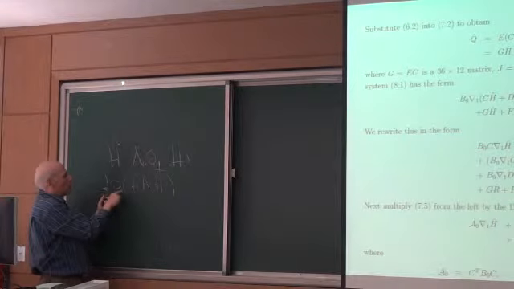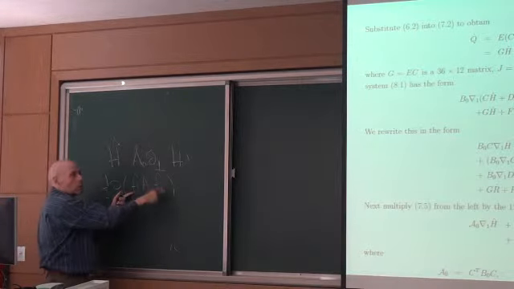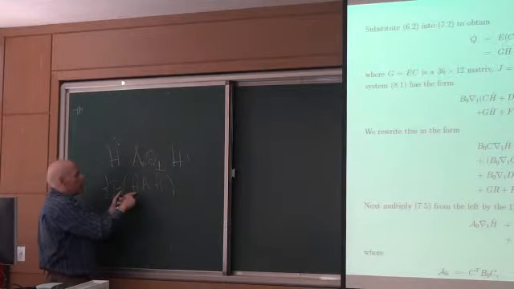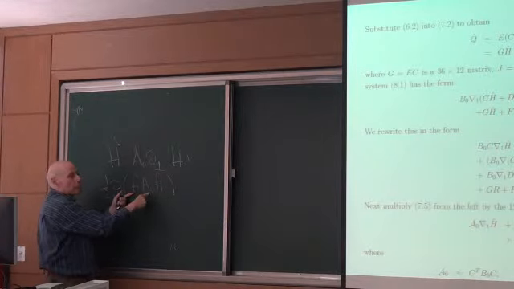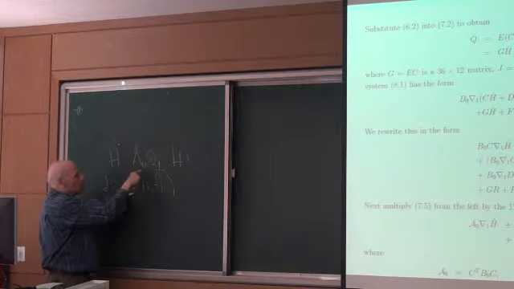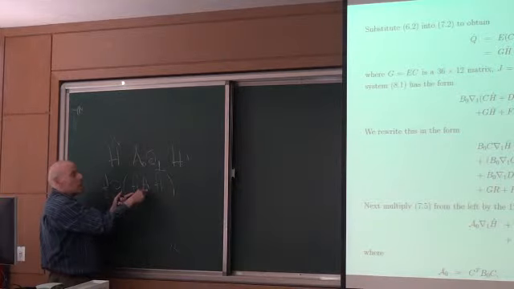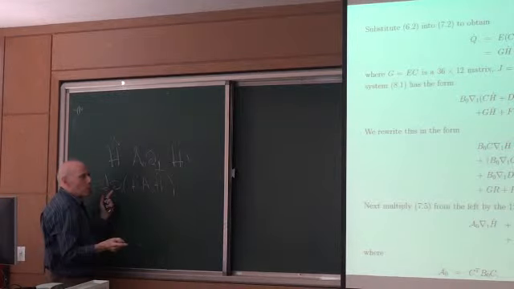Because d/dx1 gives you d/dx1 of a0 h times h plus another d/dx1 of h times a0 h. Why do those two add up to the one with a0? Because a0 is symmetric. If a0 wasn't symmetric, all bets are off. Hence I worked so hard to make them symmetric.